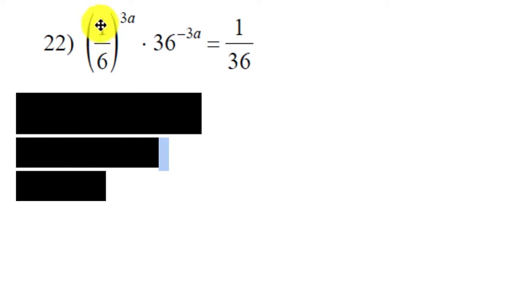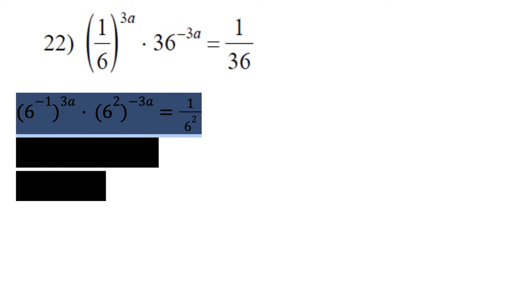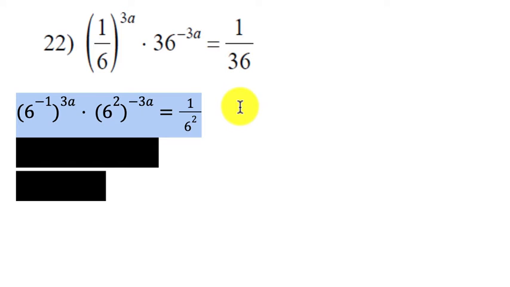1/6, though, is interesting. And one thing we have to recall from past courses with our exponent rules is how to use a negative exponent. So if you recall, 1 over 6 is the same thing as 6 to the negative 1st power. Negative exponents tell us to write the base in the denominator with a positive exponent. So 6 to the minus 1 is the same as 1 over 6 to the 1st, which we see over here.